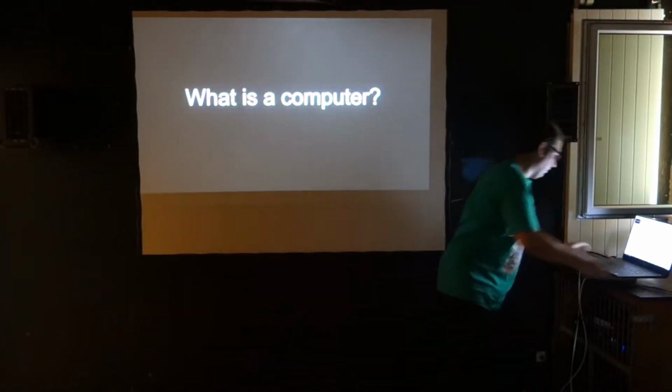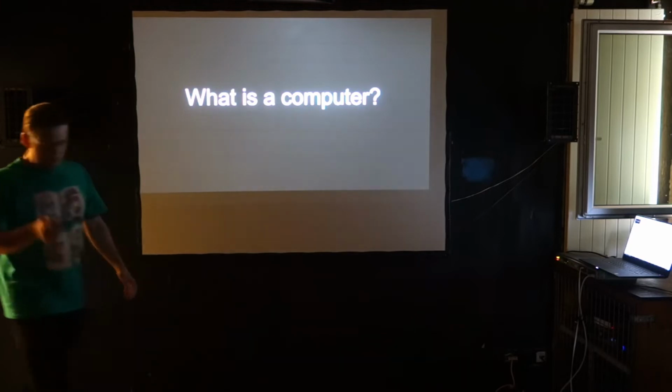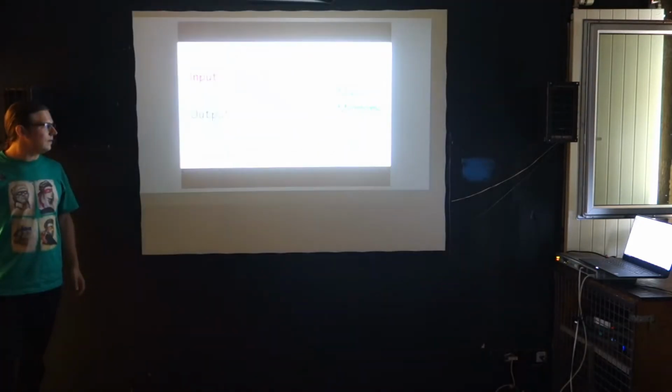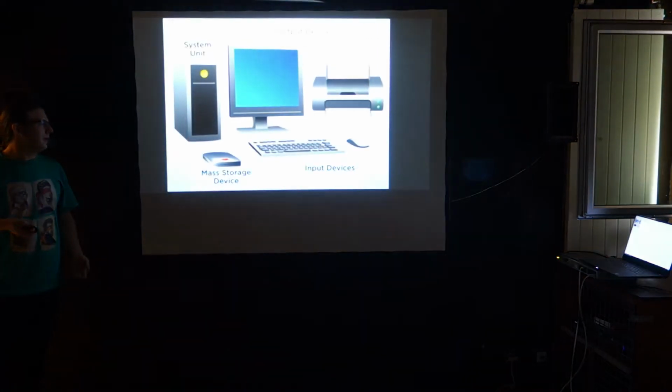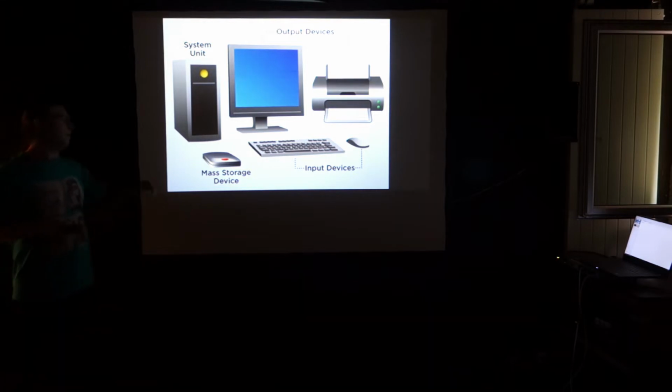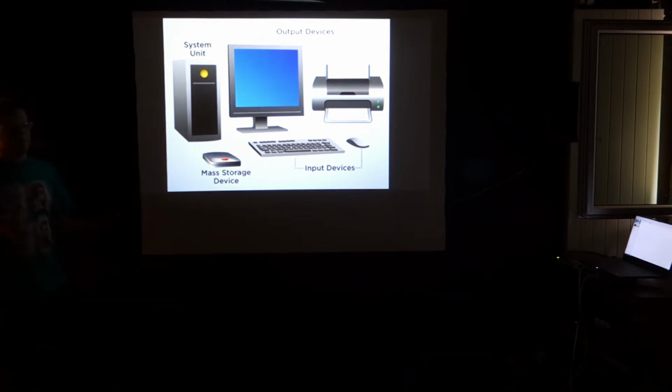So, hope it's getting better now. I'm not going into detail here because I expect most of you to know what a computer is. You can have this very simple graphics, which shows, there is the system unit, and then there are the input and output devices, of course, and you usually refer to this as the computer, if you're tech savvy at least.